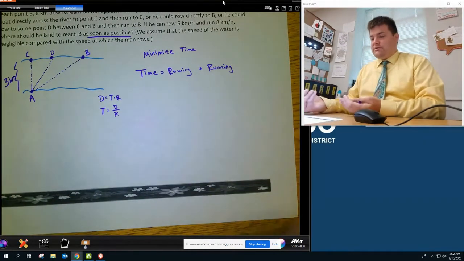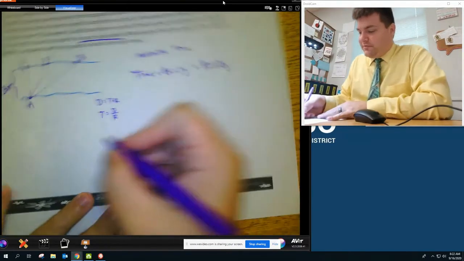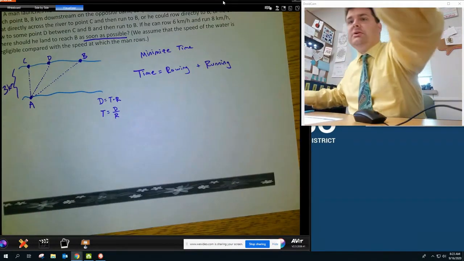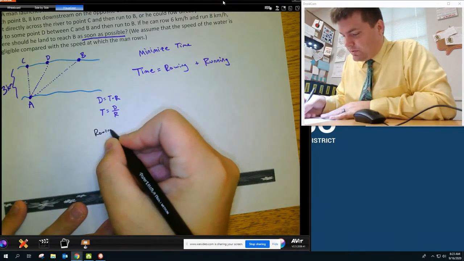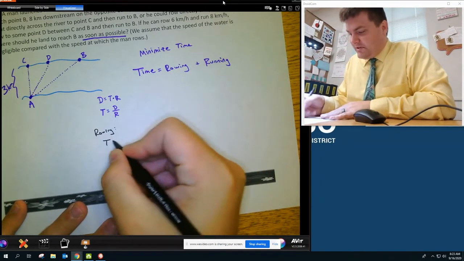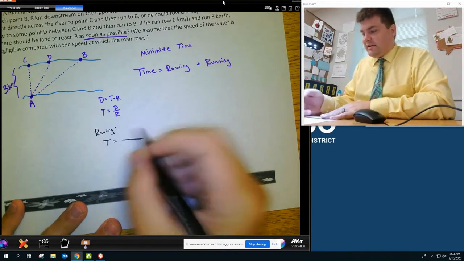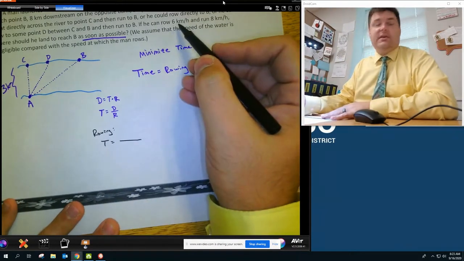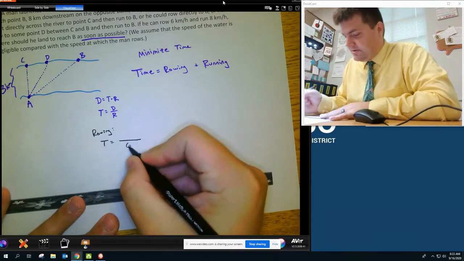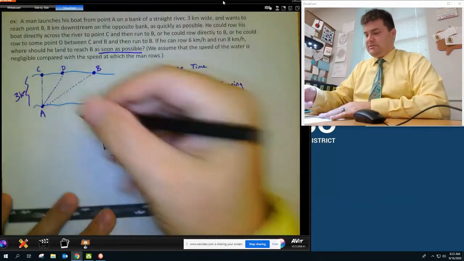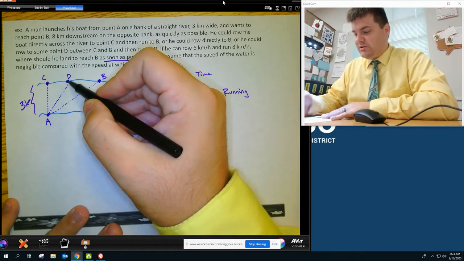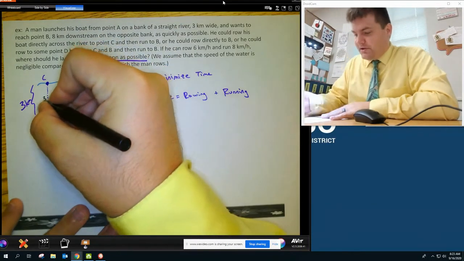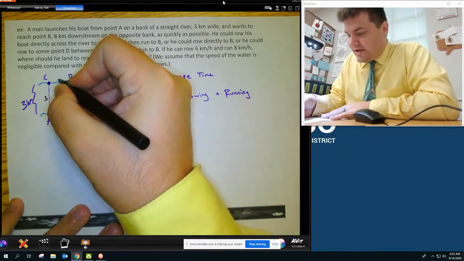Okay, so how are we going to do this? So for rowing, do this in a different color. So for rowing, time is going to equal the distance. I'll find that in a second. And it tells us the rate right here is 6. So now the distance. So I don't know how much I'm rowing, so I'm just going to use just this path right here just as a generalization. So I do know that this part is 3, and I do not know how much that is.